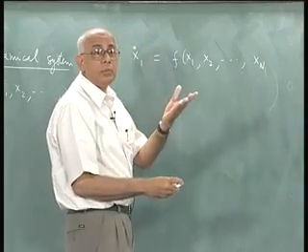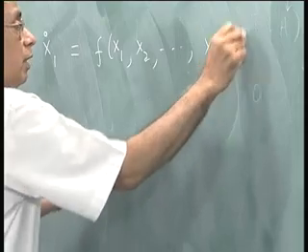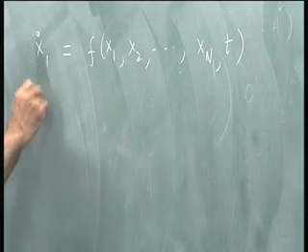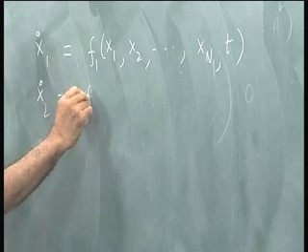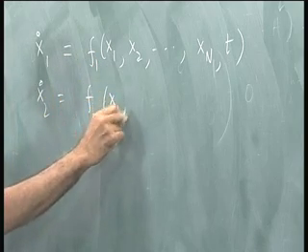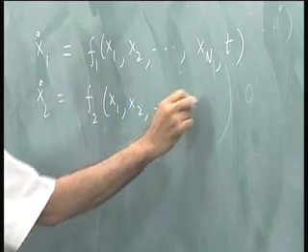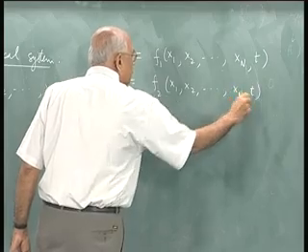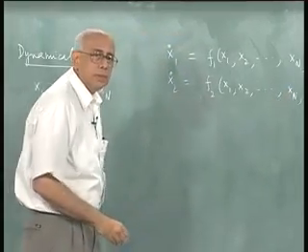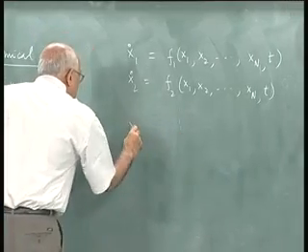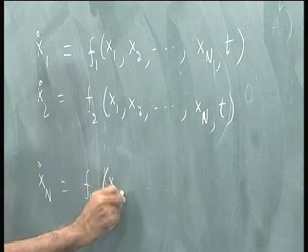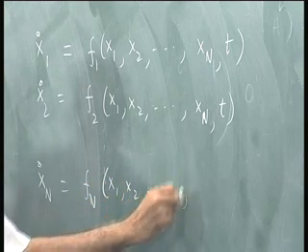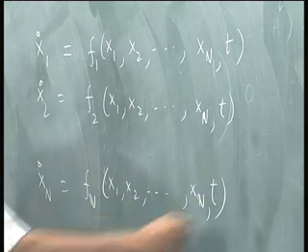It could in fact change with time, so I could perhaps have t as well in general, and then x2 dot equal to some other function, so let me call that f1, I make this f2, of x1, x2, xn, possibly t as well, and I go down all the way and I have xn dot equal to f sub n of x1, x2, x sub n and t.